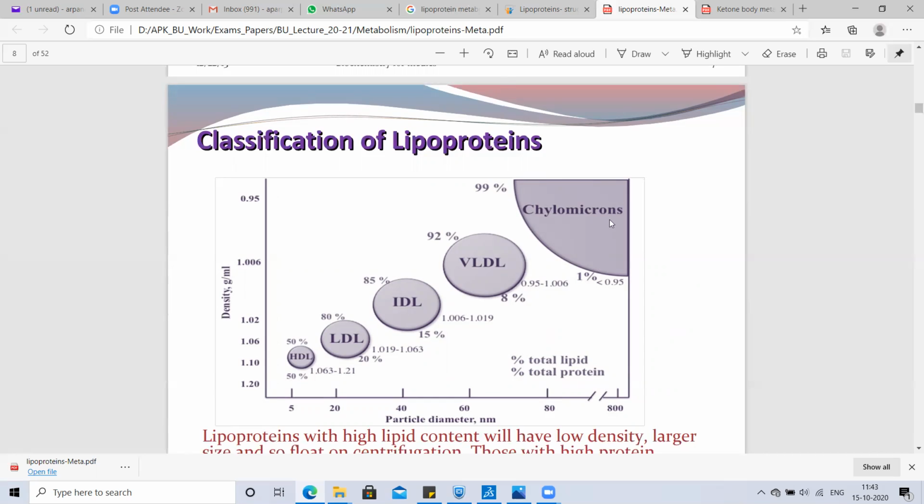So chylomicrons are the largest in terms of diameter, and they are less dense as compared to VLDL. And then there occurs intermediate density lipoprotein, then low density, and then high density. So one can also remember the fact by seeing this graph.